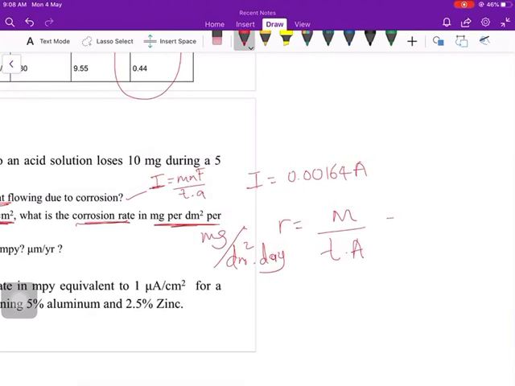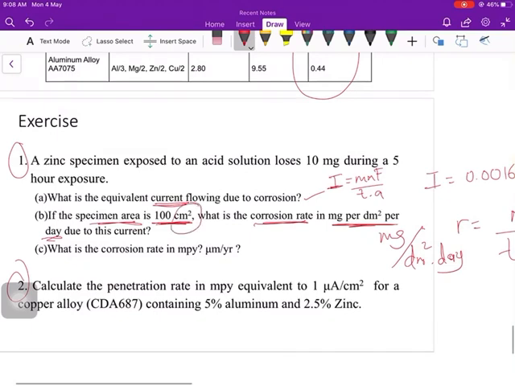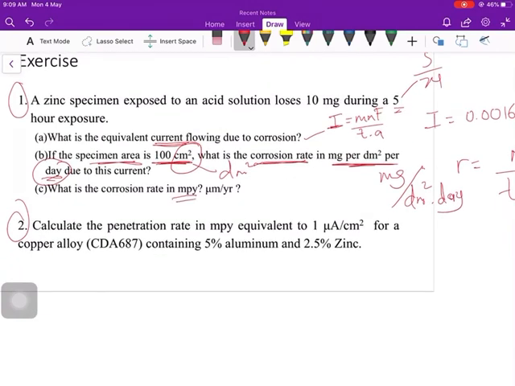Try to calculate this. R is the corrosion rate, so the answer is 48 milligram per dm square per day. You must convert cm square to dm square, and also convert the time: 5 hours is given, so divide by 24 hours per day to get days.